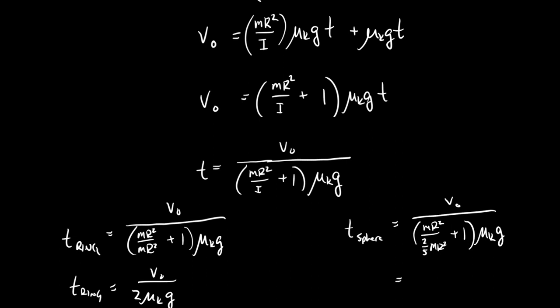So this will equal 2 V naught over 7 mu k g. You should probably check my arithmetic. It's getting late in the day, but I'm pretty confident in my stuff. But it's just arithmetic. It's nothing particularly complicated. So it seems to me like one of them's going to take longer to get there than the other.